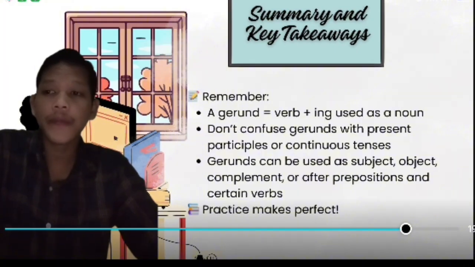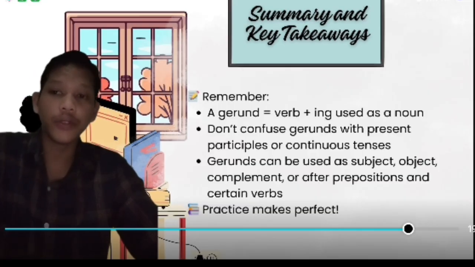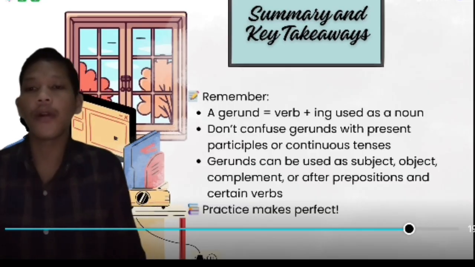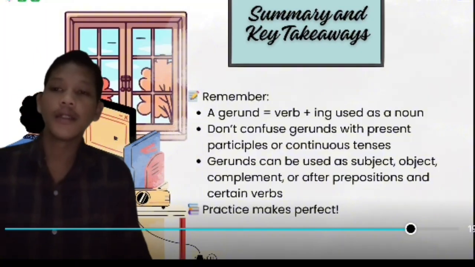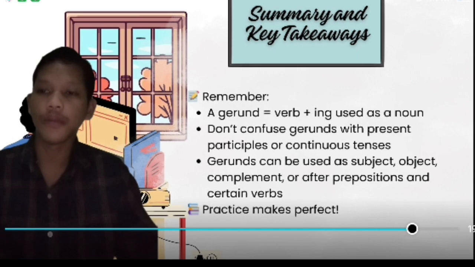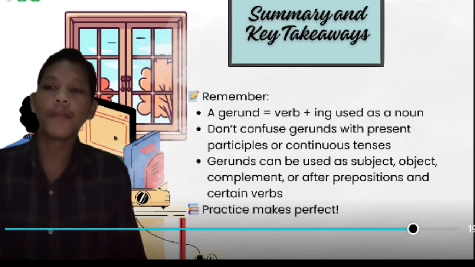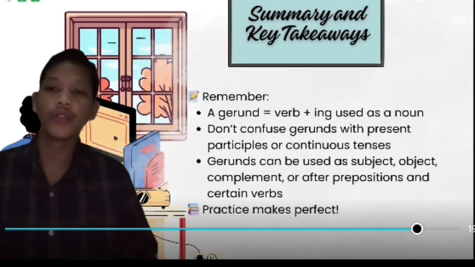And the second one, a present participle is verb plus ing and used as an adjective for explaining a noun in the sentence, for example. And a continuous verb is verb plus ing used with to be, like is, are, was, were, to show ongoing action, right?